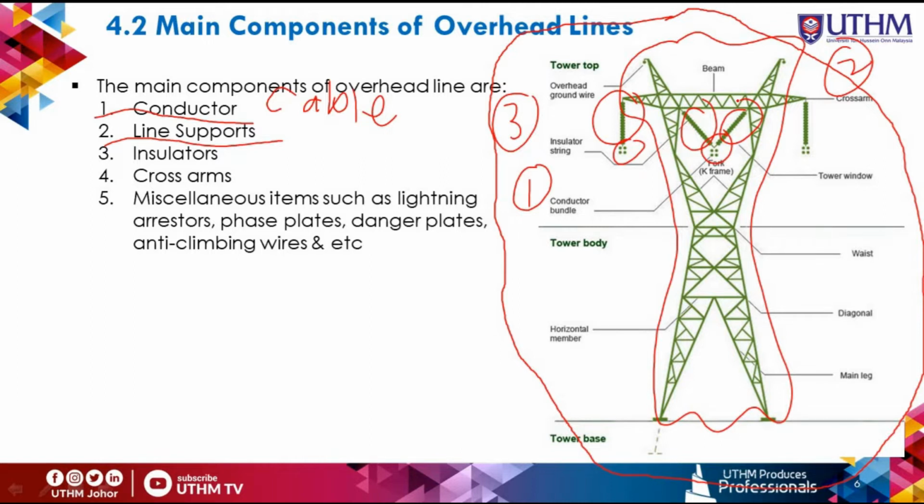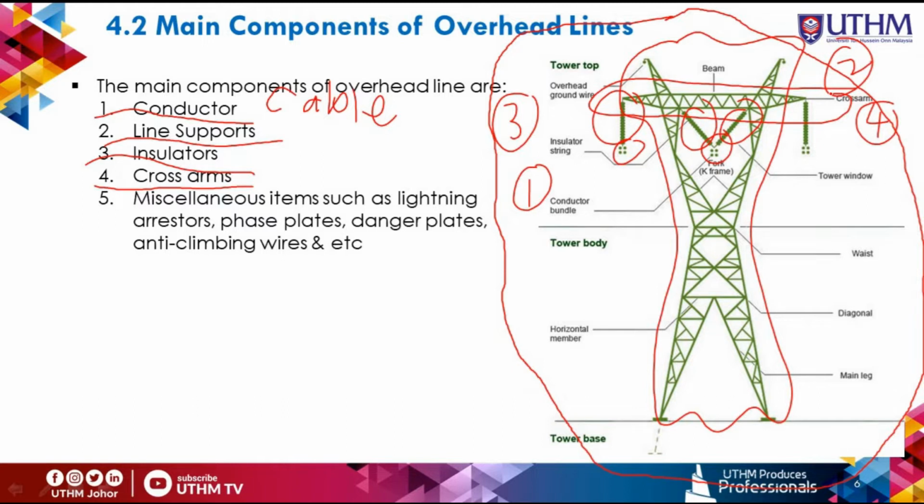And then the fourth is the cross arm. So which one is the cross arm? Number 4. So this one is the cross arm. The purpose of the cross arm is to provide support to the insulators.